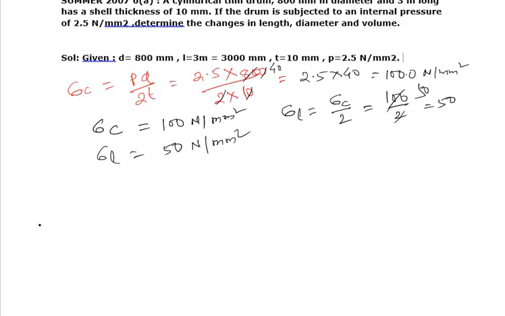So assume that E, that is Young's modulus of elasticity, is 2 into 10 to the power 5 Newton per square, correct? Sorry, this is 10 to the power 5 Newton per square, and 1 by m, that is Poisson's ratio, is how much? 1 by 4, correct? This is unitless.